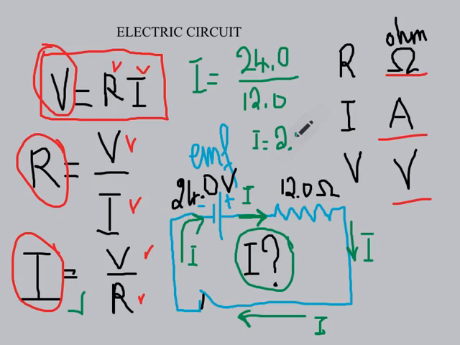Keeping the same significant figures, 2.00 amps, and this is how we use Ohm's law.